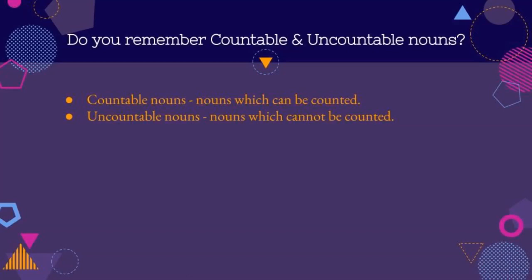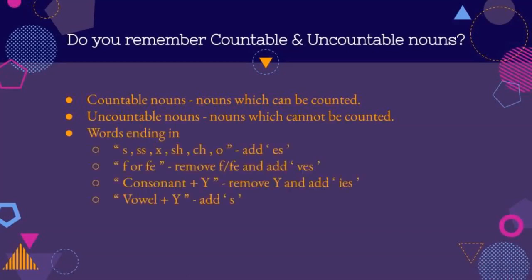When we change a noun from singular to plural, we have to follow some rules. Let us see what they are. If a noun ends with the letter S, SS, X, SH, CH or O, we have to add ES to that word. The second rule is, if a noun ends with the letter F or FE, we have to remove the last letter and add VES.